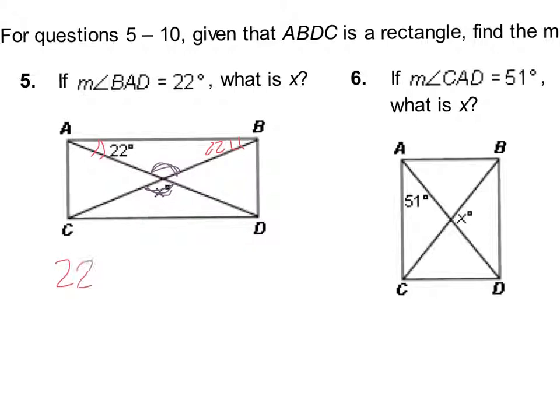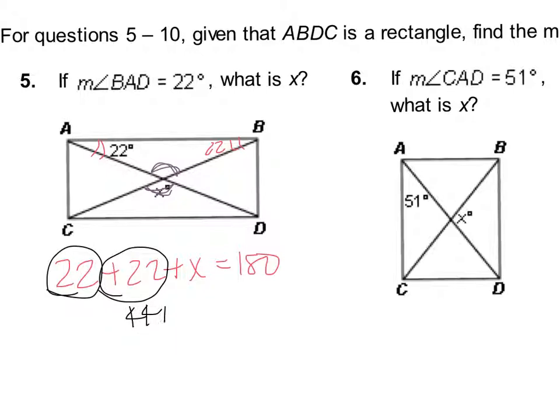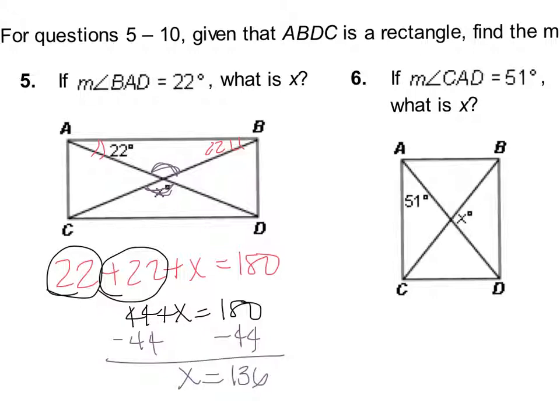That means 22 plus 22 plus x has to equal 180. I can combine my 22s together, so 44 plus x has to equal 180. I'm solving, so I'm going to minus 44 from both sides. And I get that x must equal 136.